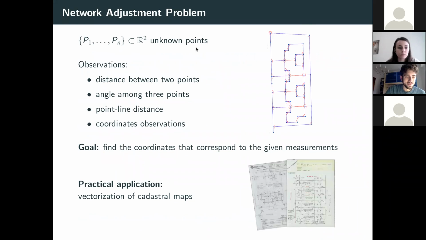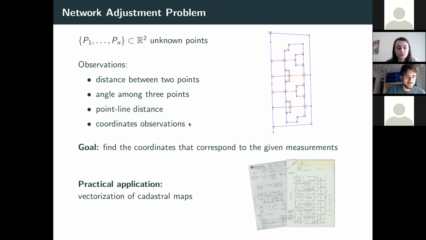We have a set of points in the plane with unknown coordinates, and then we have a set of observations that are measurements of geometrical quantities involving the points. So, for example, the cases that we consider here are distances between 2 points, the angle formed by 3 points, and point-line distances.